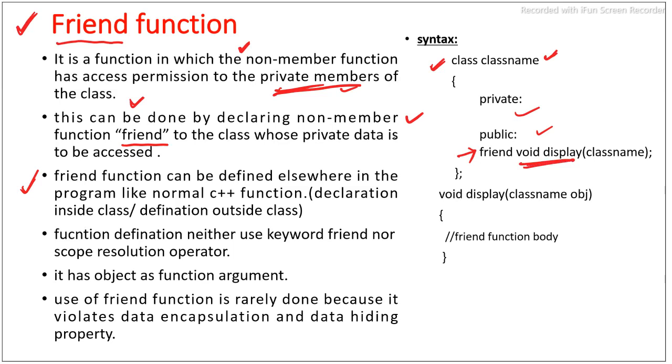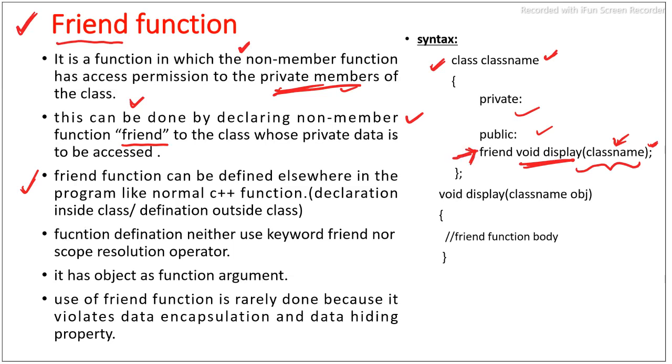Inside the parenthesis, or the argument list of the friend function, it will accept a class type argument, then a semicolon, that is the statement terminator. So here the friend function declaration is done.